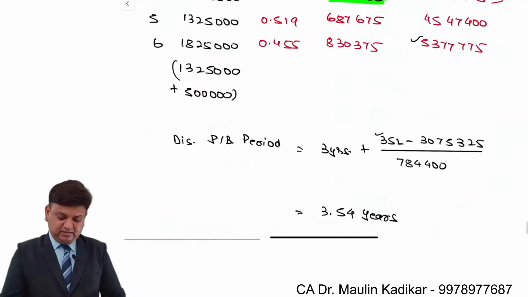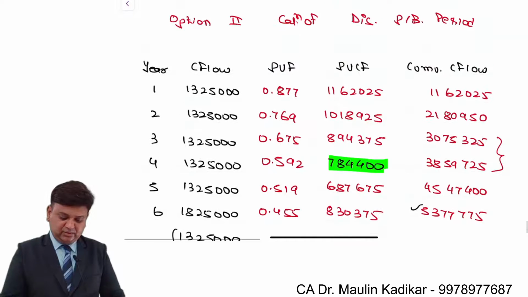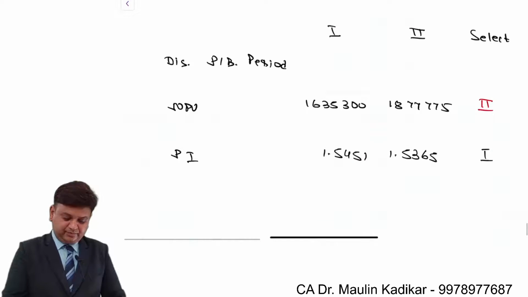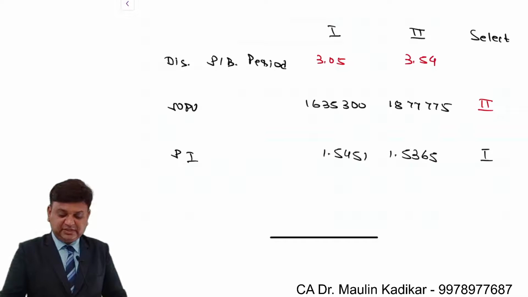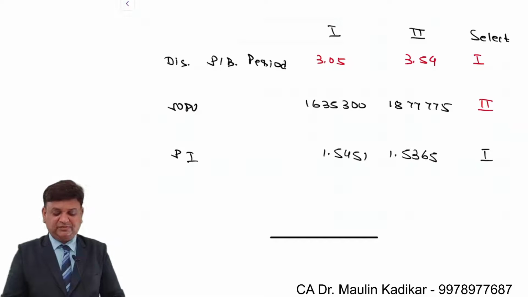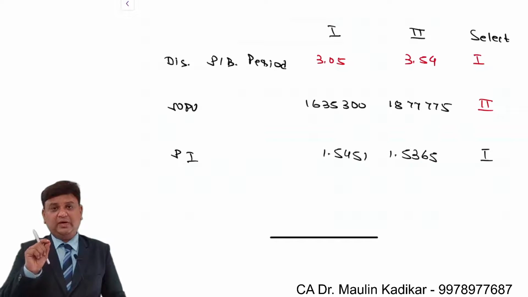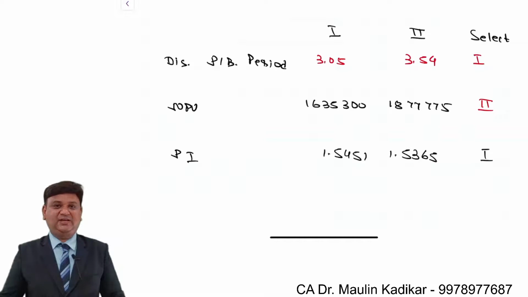Discounted payback period, it is 3.54 and 3.05 years. So based on that, we select project 1. Why? Because it is having lower payback period. This is the way we select either the first project or the second project with the individual criteria. Please write down the answer.